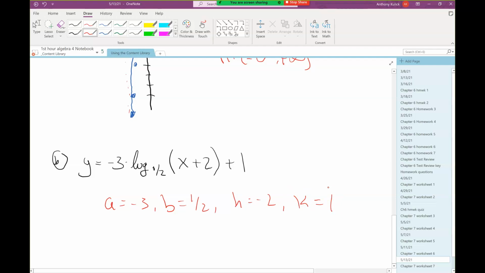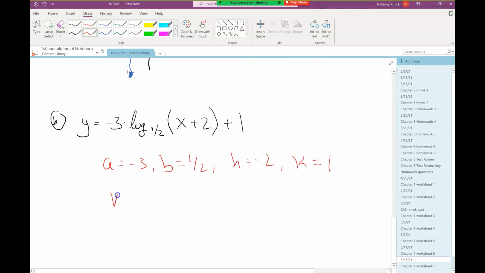So again, I'm going to start by identifying the values for a, b, h, and k. Remember, the h is always the opposite of the sign it appears in the problem. I need that h value in particular because it's going to give me my vertical asymptote.